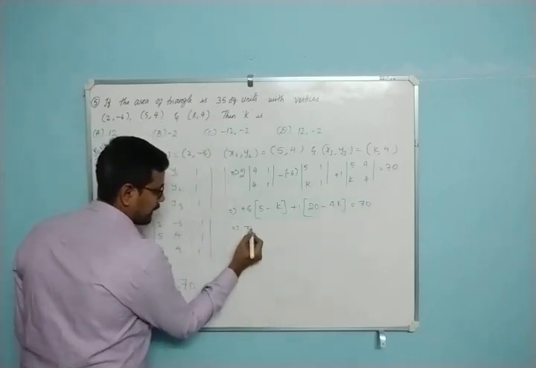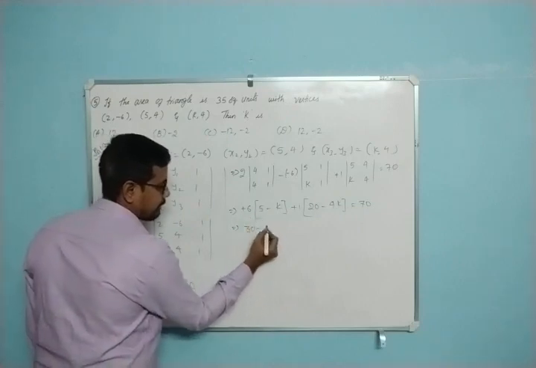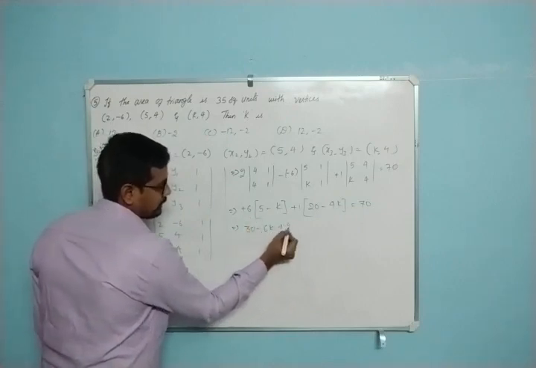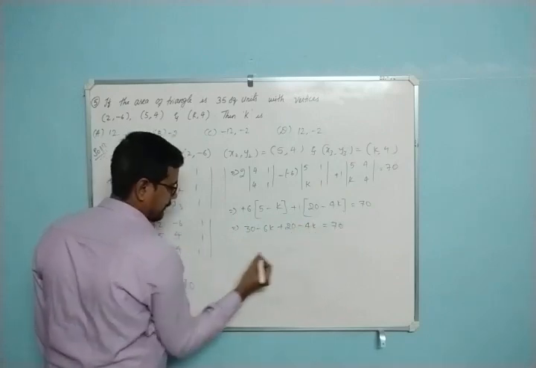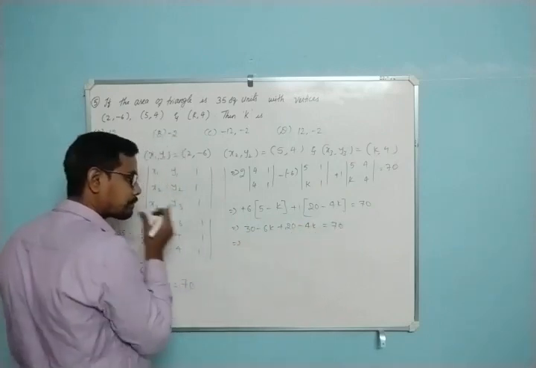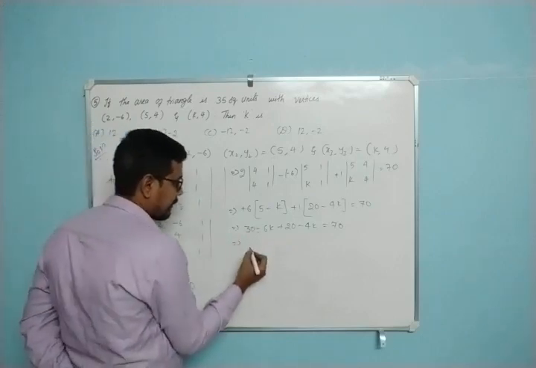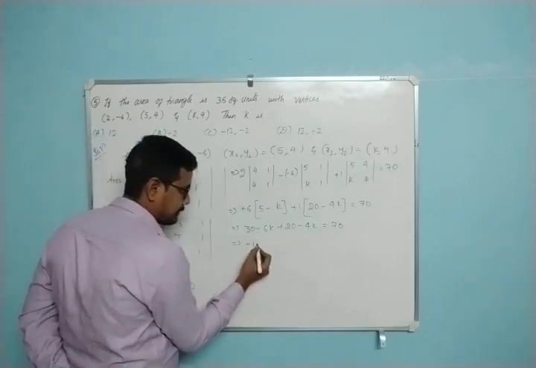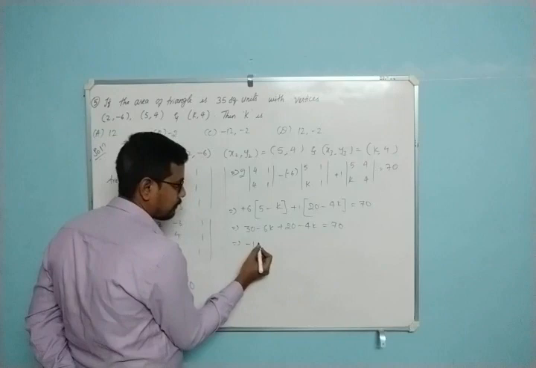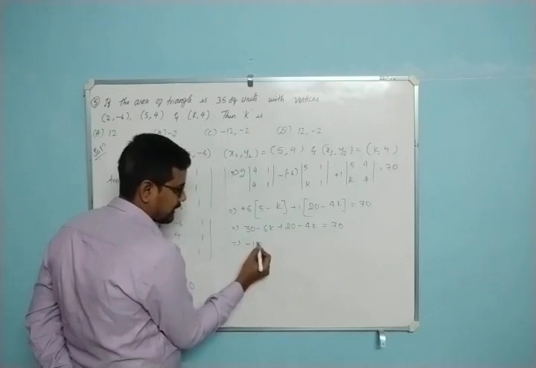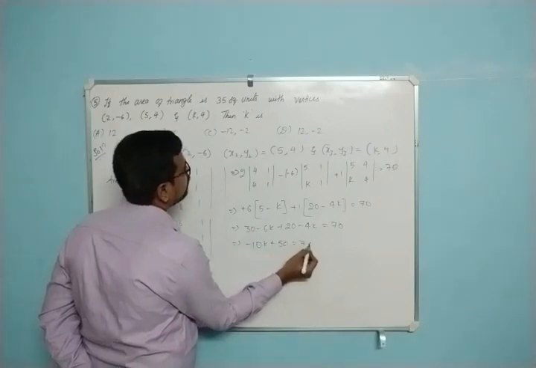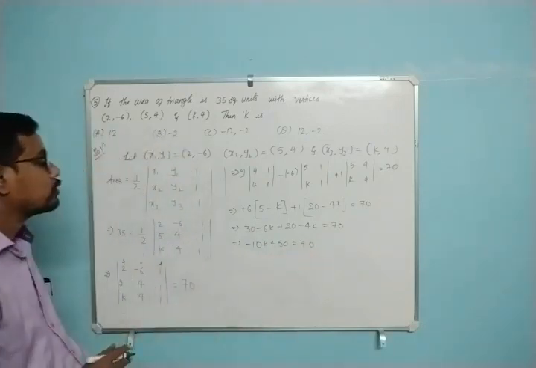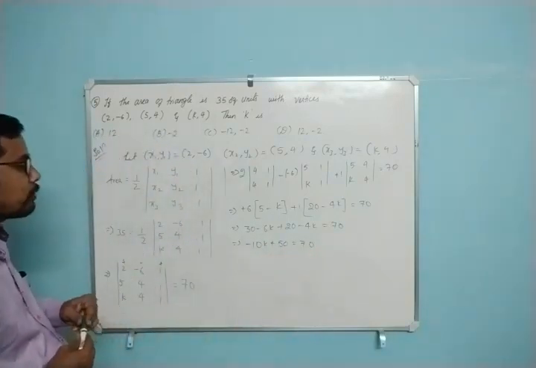So 6 into 5 is 30, minus 6k, plus 20, minus 4k is equal to 70. So I can write minus 6k minus 4k, that is minus 10k, plus 50 is equal to 70.